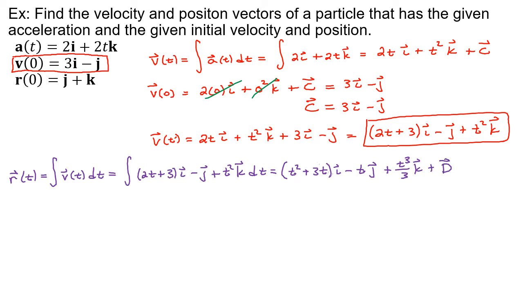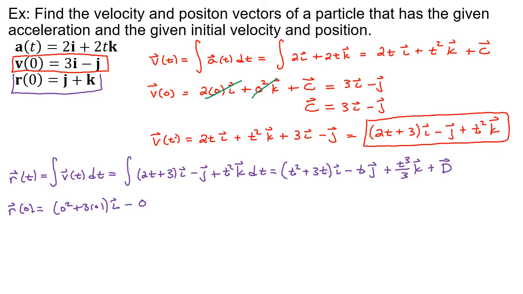And I can find that constant vector by plugging in 0 and using this r of 0 equals j plus k. So r at 0 would be 0 squared plus 3 times 0 on the i, plus 0, or actually minus 0j, but it doesn't really matter since it's a 0 either way.